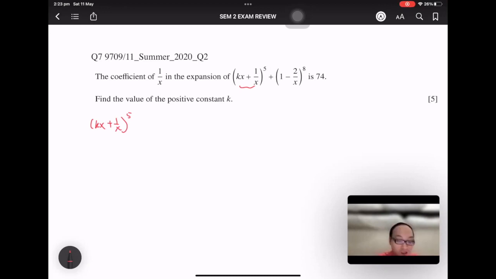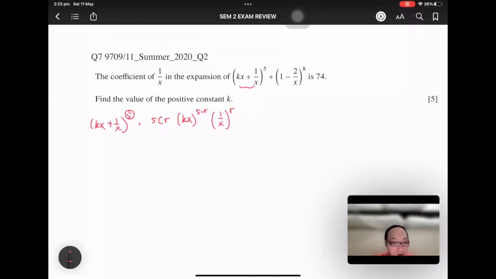The formula for the binomial expansion is 5Cr, since n is 5 here, then (kx) to the power of 5 minus r, and then (1/x) to the power of r.